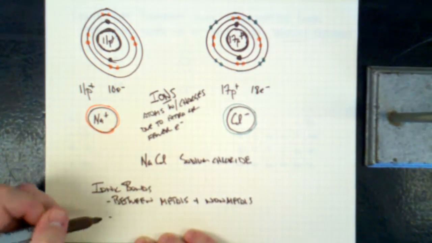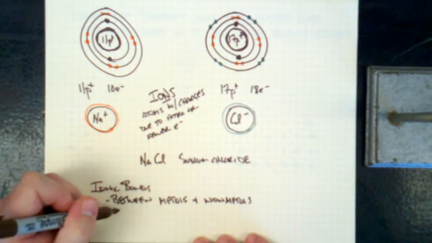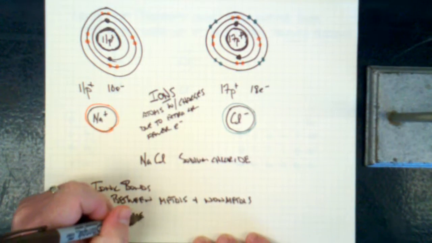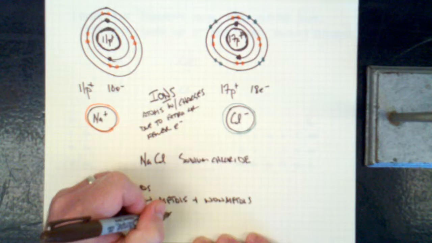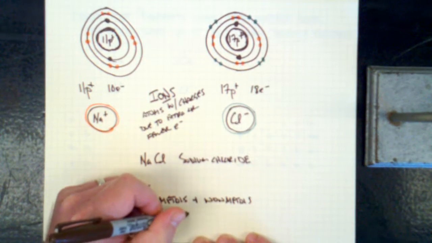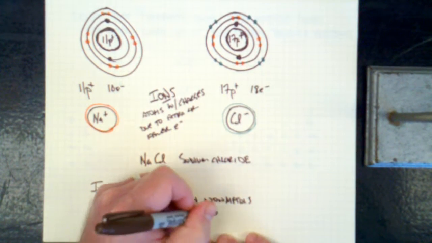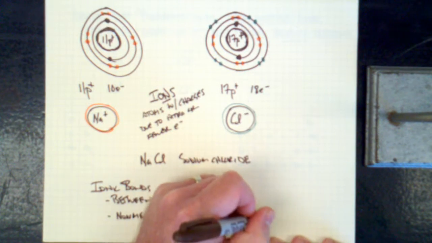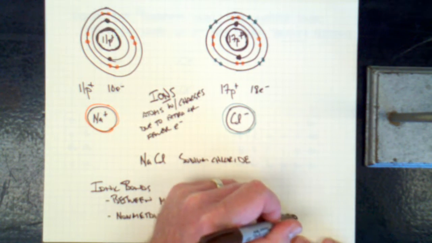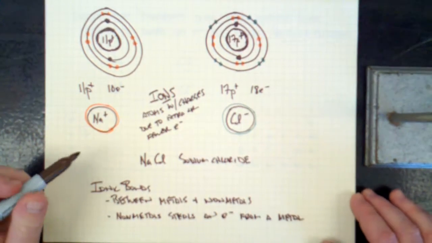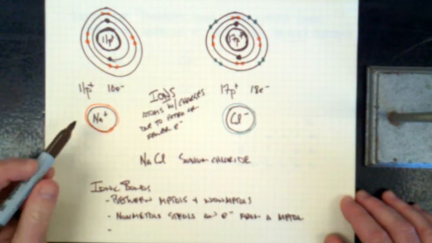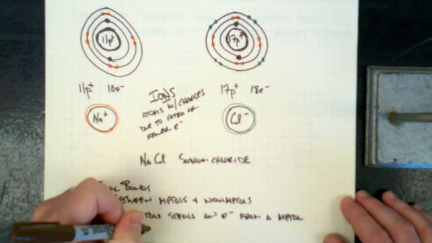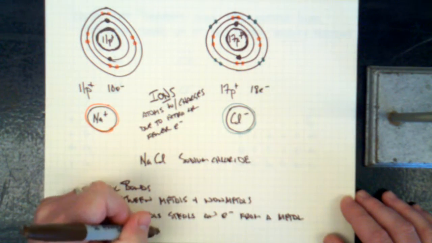They happen when the nonmetal steals an electron from a metal. And so then the ions are attracted to each other.